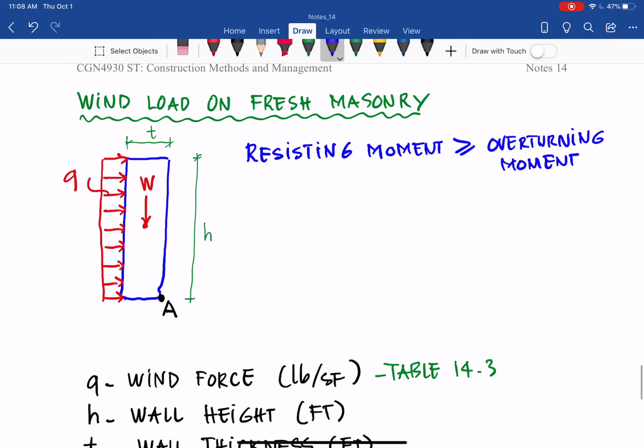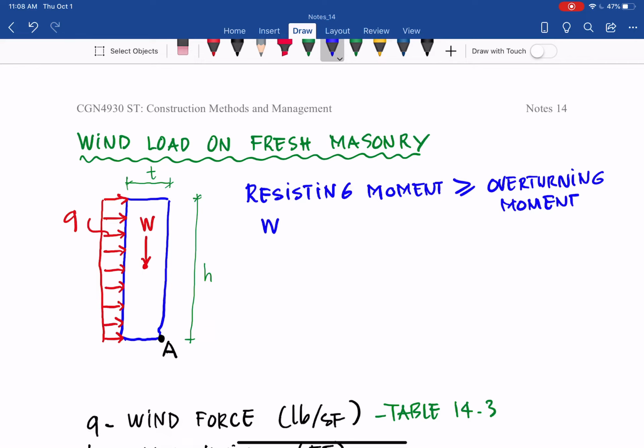This is the weight W. The resistance moment is W times T over 2, because the distance from the center of gravity to A is T over 2, and it has to be greater than the moment due to the wind load q at A.